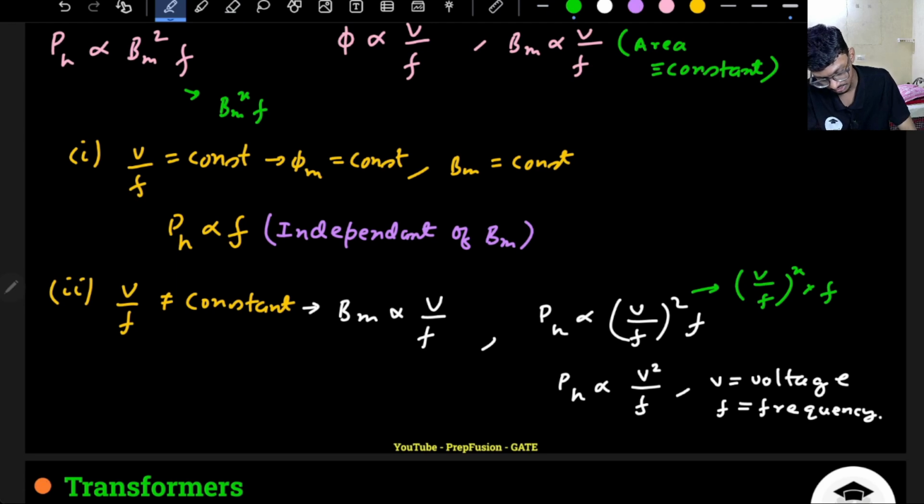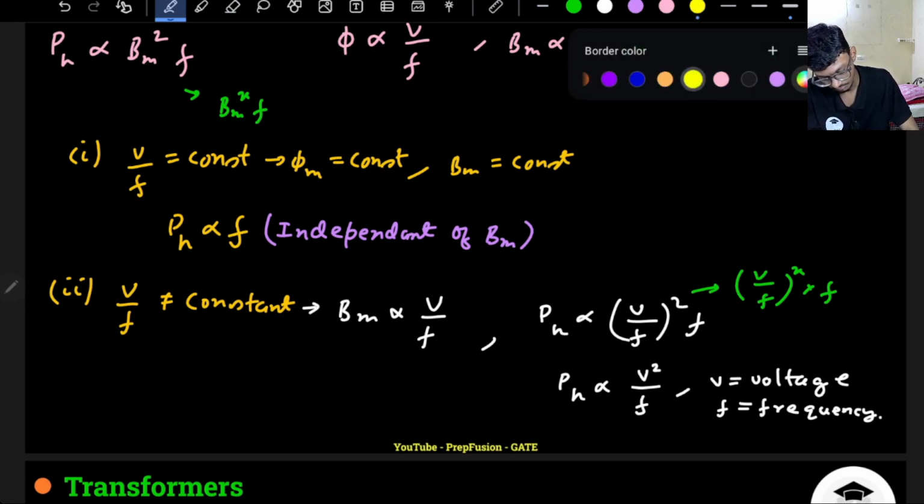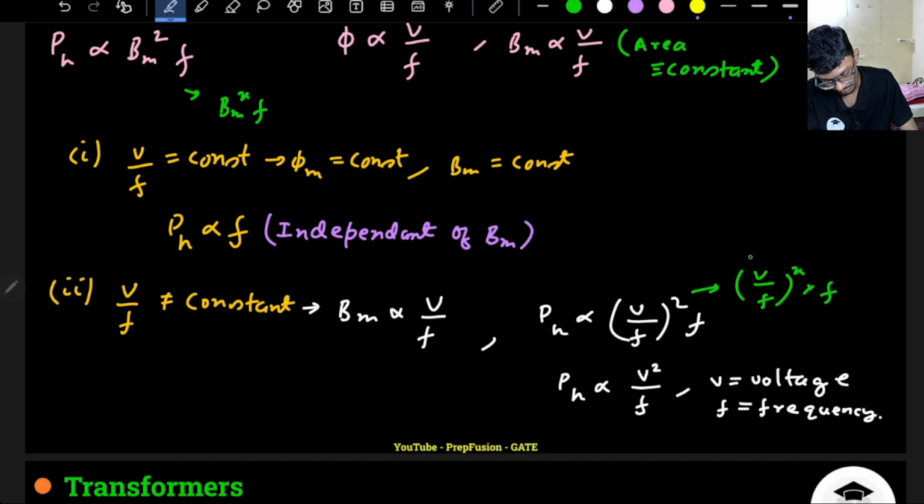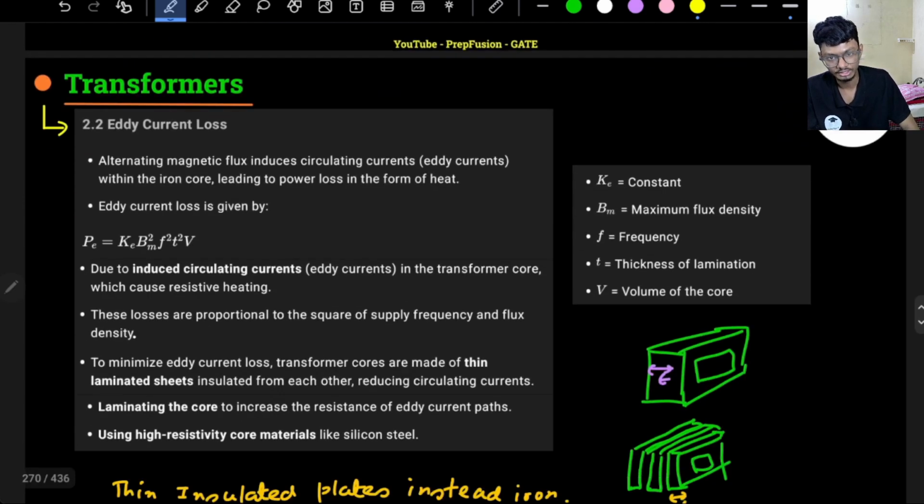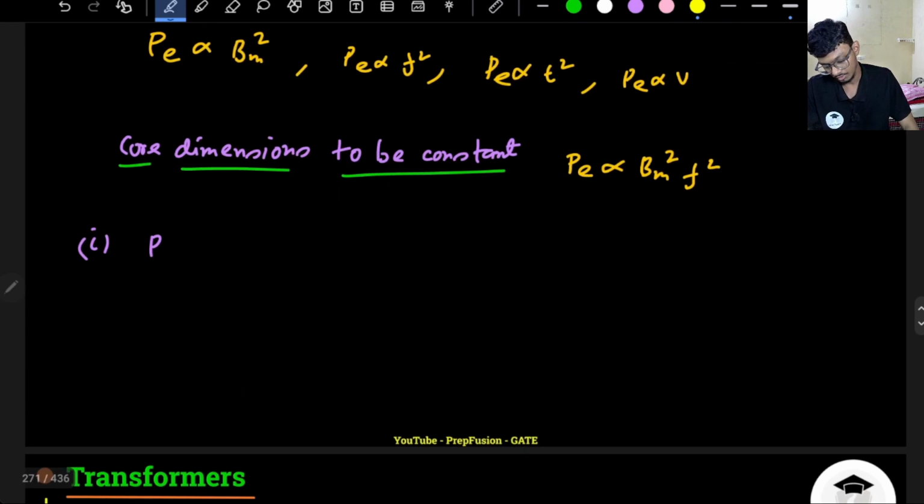So the value here will come out to be V raised to power x divided by f raised to 1 minus x. Okay, that is the only modification that you have to make. Got it?